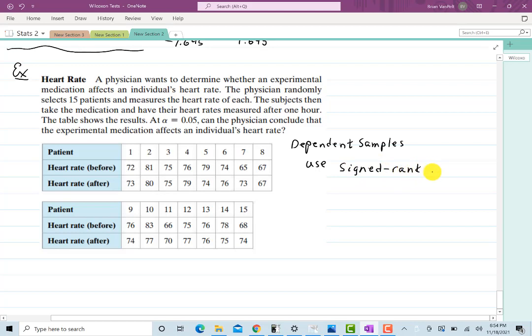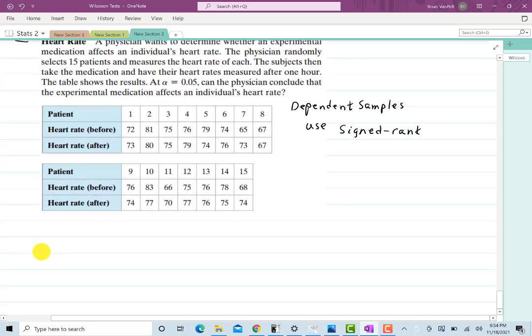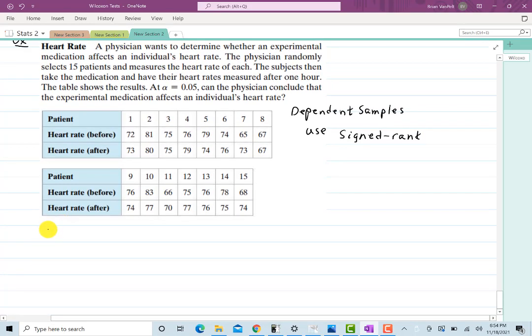All right, well, let's go ahead and do that. Now, this is a little bit different than what we did before. Let's get our H0 and HA first, and then we'll go ahead and get all the information in.